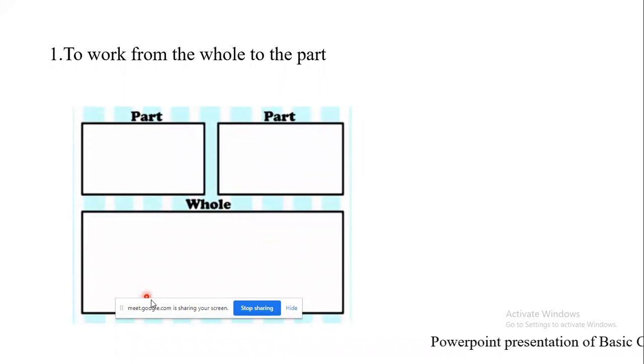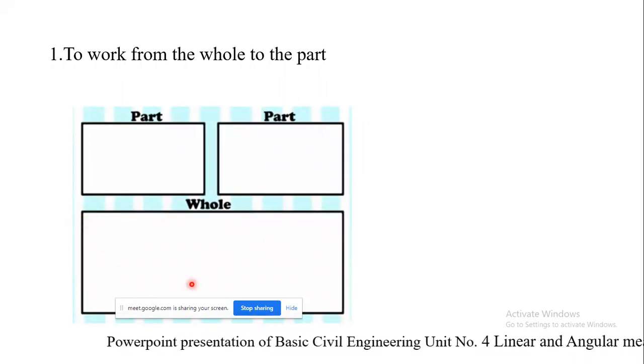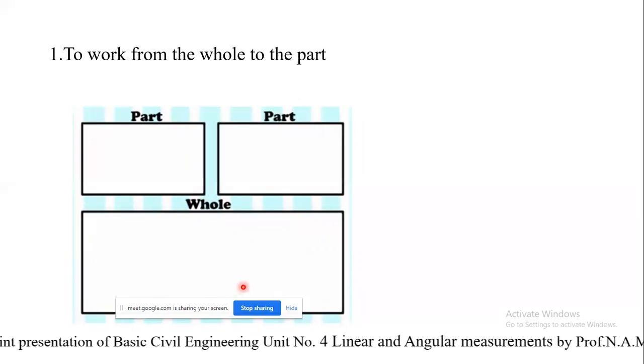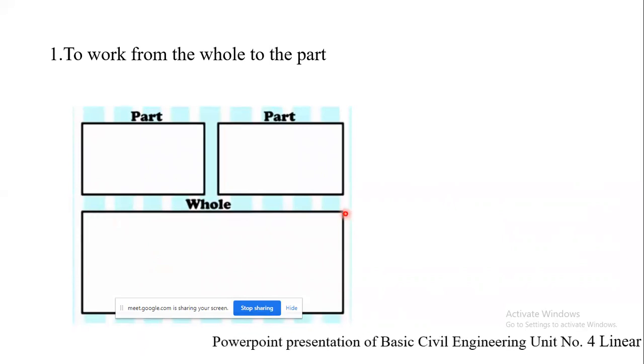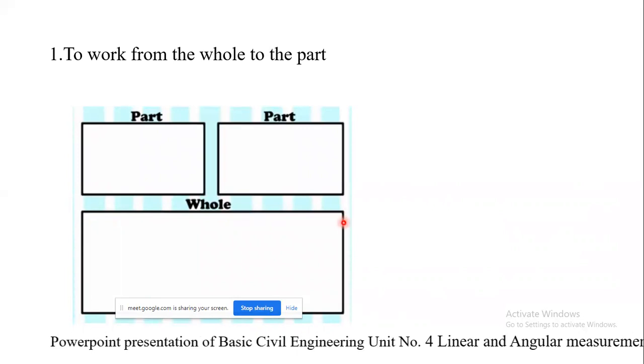As I told you, suppose this is the whole area, which has been closed. Each of these corner points is called a controlling station.